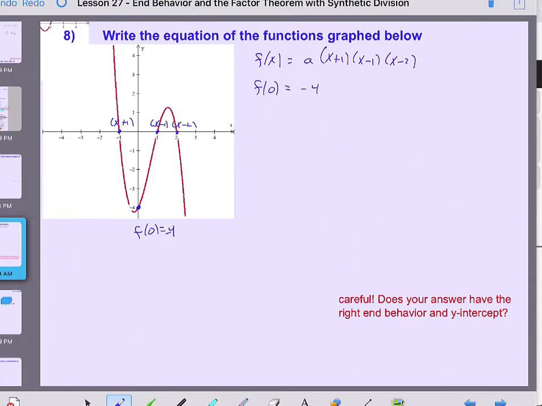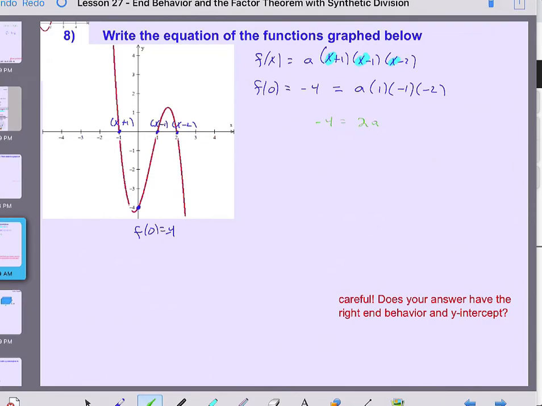But f of 0 is also the same thing as taking a 0 and plugging it in for x. So that would be a times 0 plus 1 times 0 minus 1 times 0 minus 2. If you want to, you can FOIL out that polynomial and plug in a 0 then, but you don't have to. And so my equation, I've got -4 has to be equal to a times 1 times -1 times -2, which is just 2a.